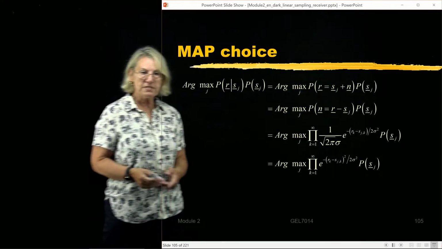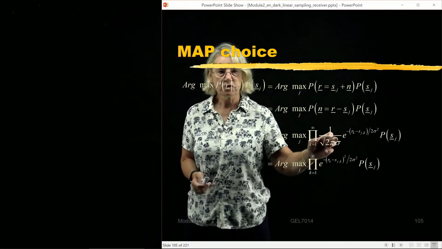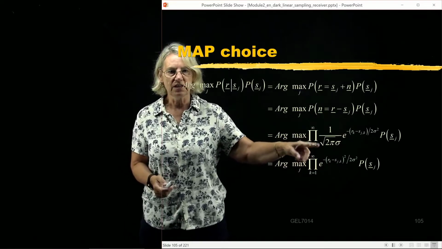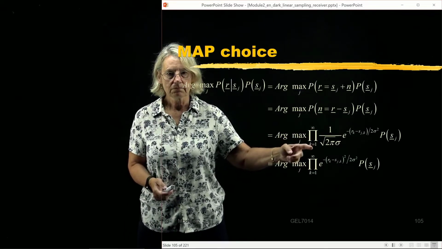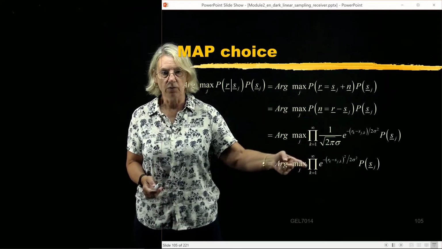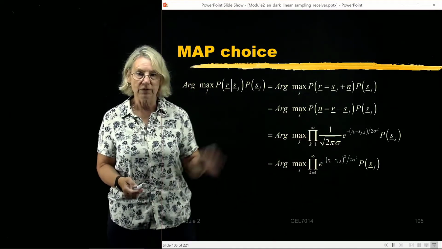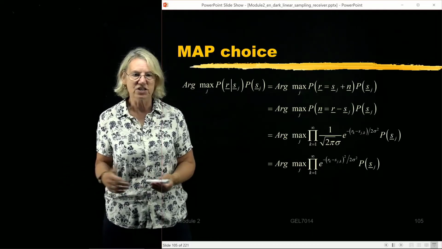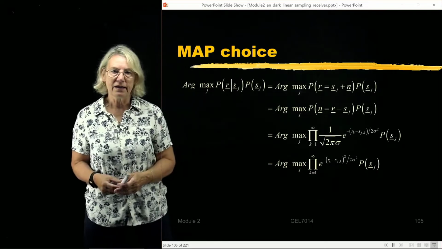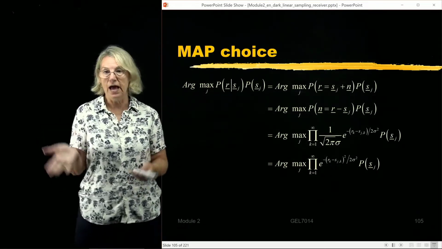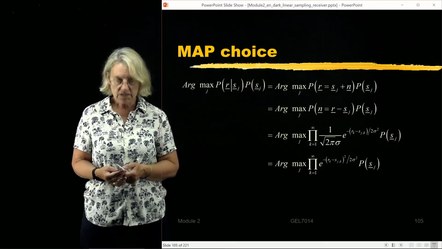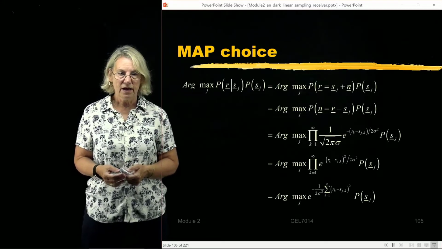Our next step is to say, first of all, that this constant is the same for all of the elements in the product, and it's also the same no matter which j we're evaluating, so we can get rid of the constant. It doesn't change the maximization. We have an exponential multiplied by a number, which is the a priori probability.